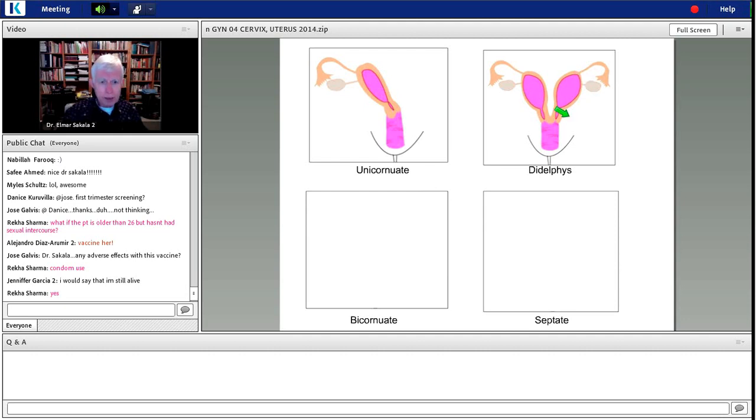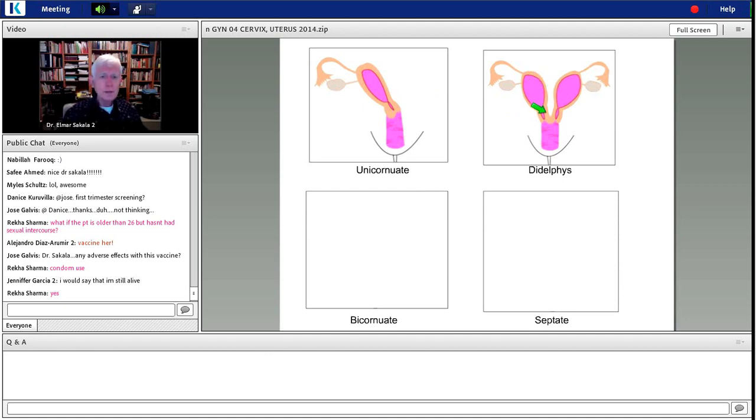Now here is a didelphys uterus. Both of them formed, but they didn't fuse. So we have two cervixes, two vaginas, two uteruses, and two fallopian tubes. The same problem can develop as here, where if you have a pregnancy on one side or the other, it goes into premature labor and delivers so early it can't survive.